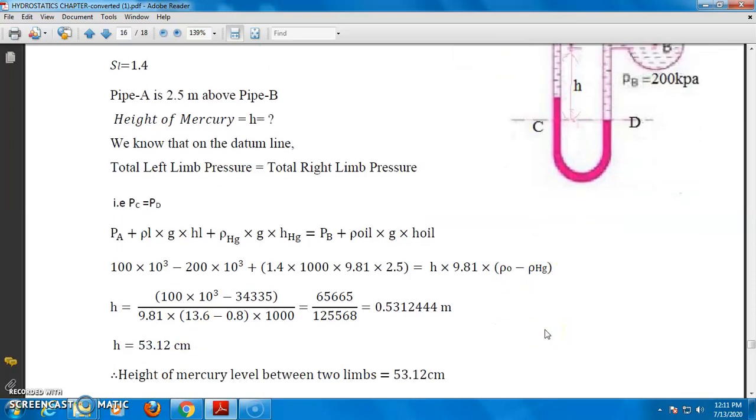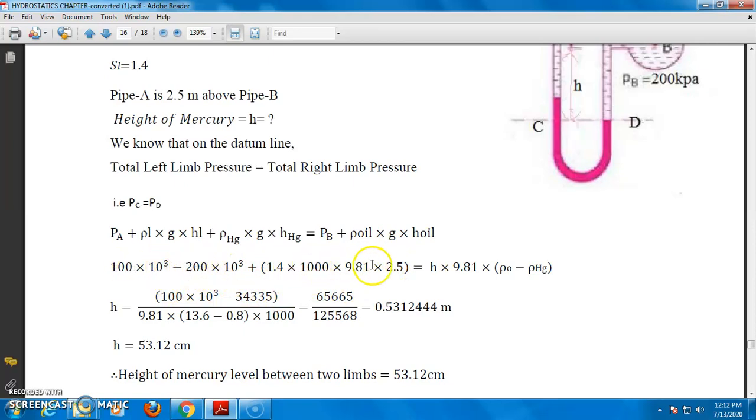So here you observe, H is equal to 100 into 10 to the power 3 minus, if you calculate this value, it will come 34,335. This is 1,110 to the power 3.